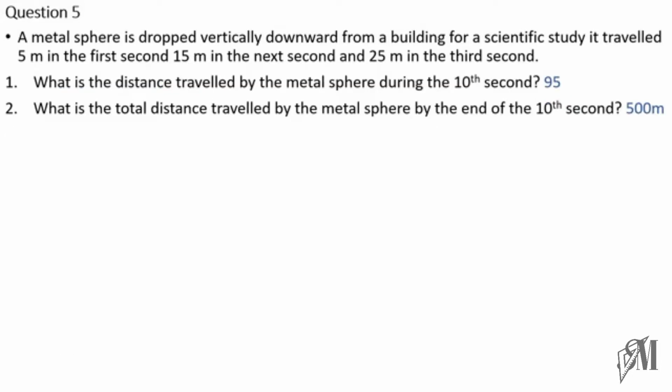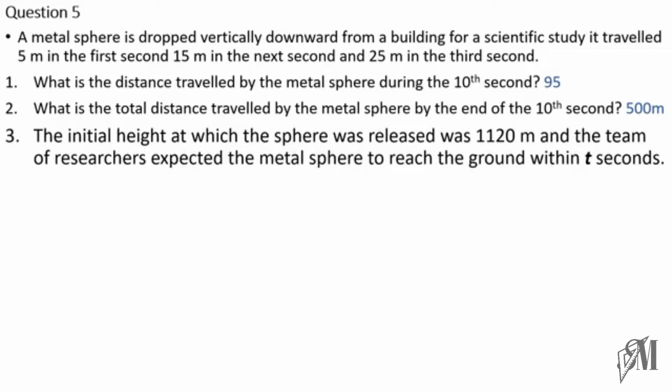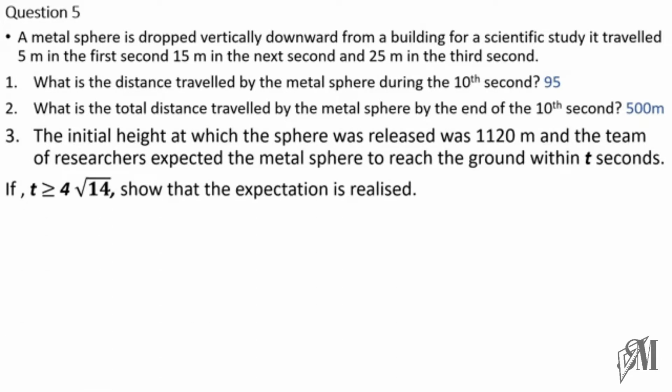The third part of this question tells us the initial height at which the sphere was released was 1120 meters, and the team of researchers expected the metal sphere to reach the ground within t seconds, and if t is greater than or equal to 4 times root of 14, show that the expectation is realized.